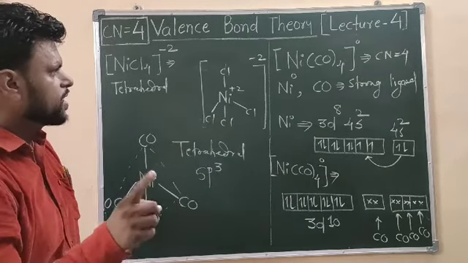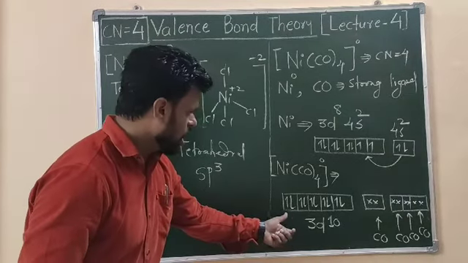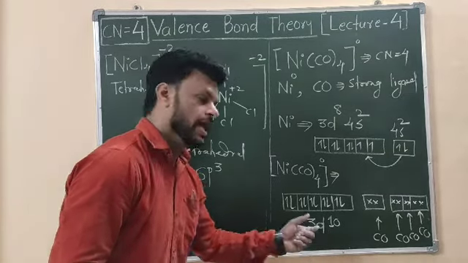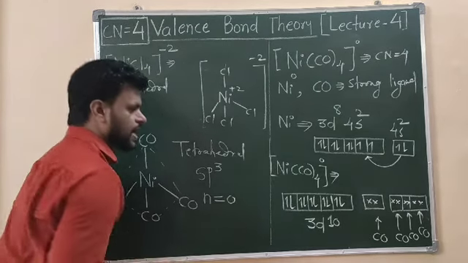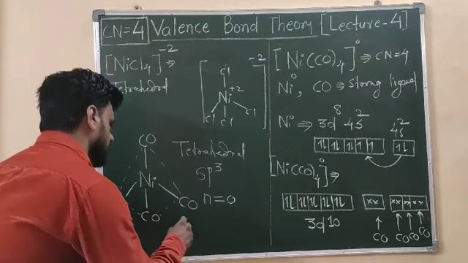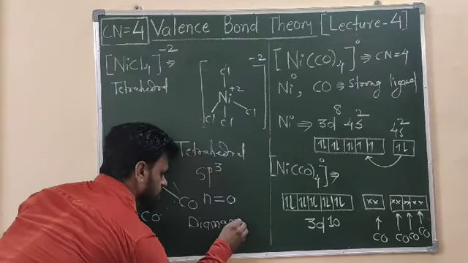Next, count the number of unpaired electrons in the complex. We know that all the orbitals are filled, and hence the number of unpaired electrons in the complex is equal to 0, and when n is equal to 0, remember that this complex has diamagnetic nature.